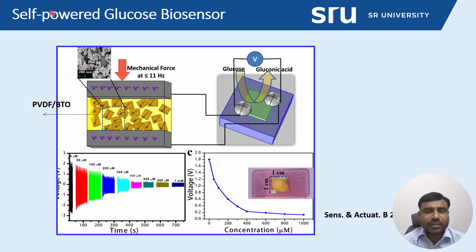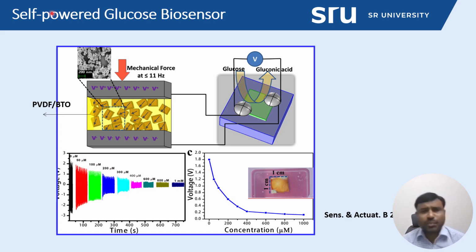Hence in most studies, 0.1 molar sodium hydroxide is more favorable for glucose oxidation. This concentration is broadly used for the non-enzymatic approach. So the nanomaterial-based non-enzymatic approach involves multiple steps.